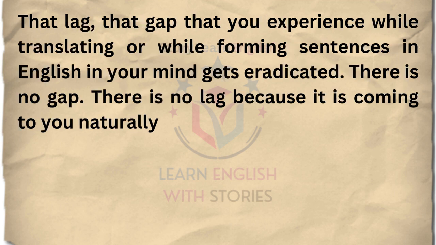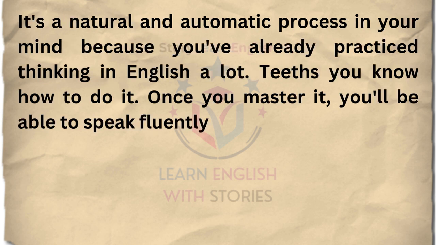That lag, that gap that you experience while translating or while forming sentences in English in your mind gets eradicated. There is no gap. There is no lag because it is coming to you naturally. It's a natural and automatic process in your mind because you've already practiced thinking in English a lot.